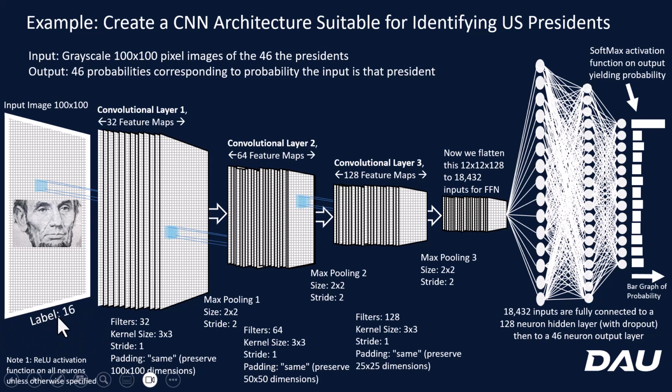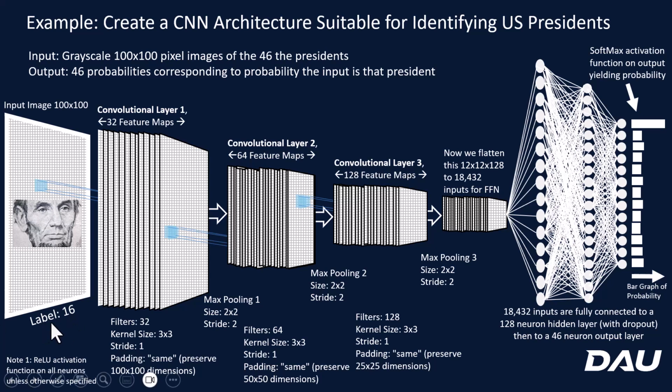The way we do this labeled data is we connect what's called a one-hot vector to it. A one-hot vector just means 46 numbers, because there are 46 presidents, and only one of those would be 1.